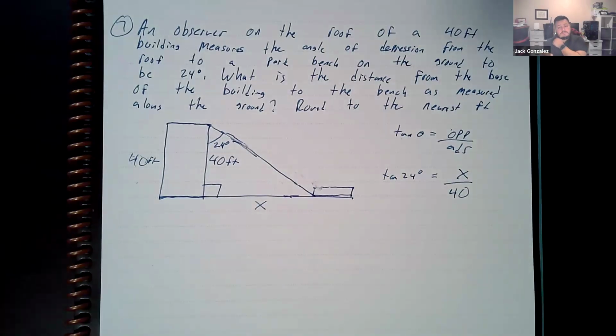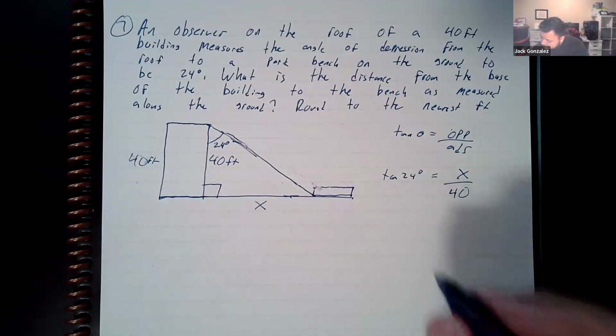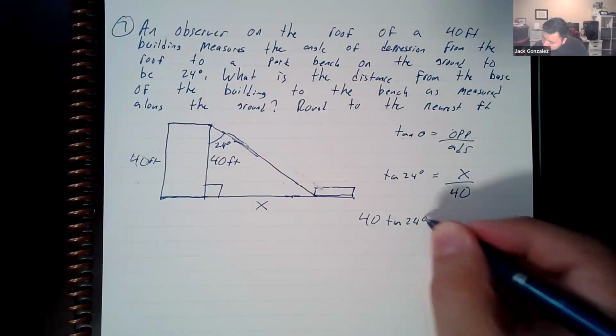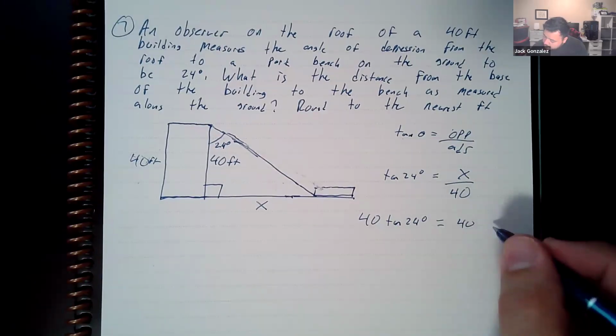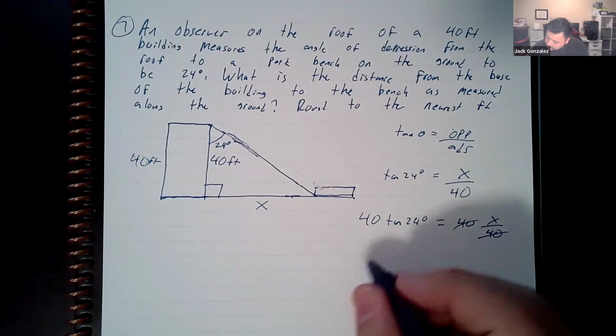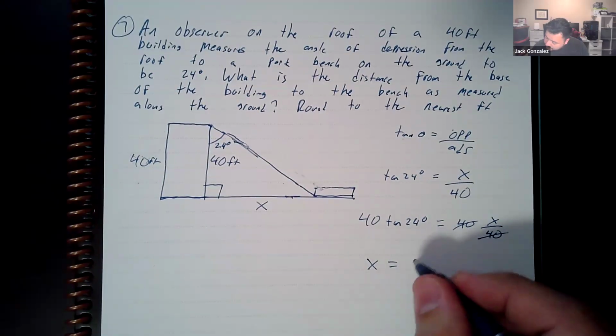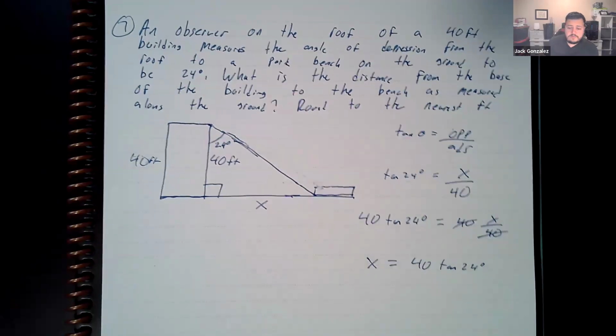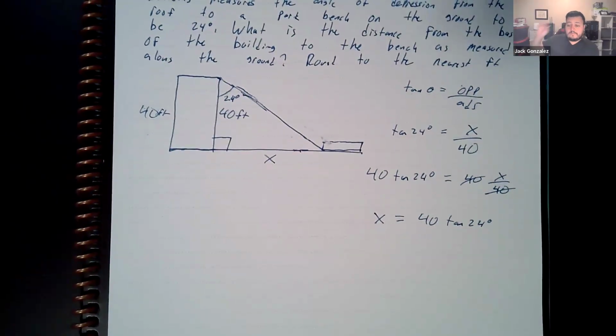Solve for x, and we should have our answer. So x is equal to 40 tangent of 24. I don't have a calculator at the moment. What do y'all think?